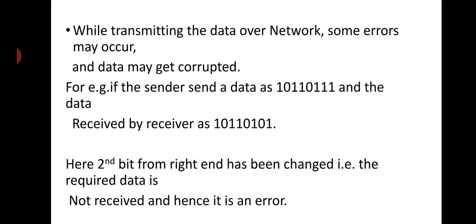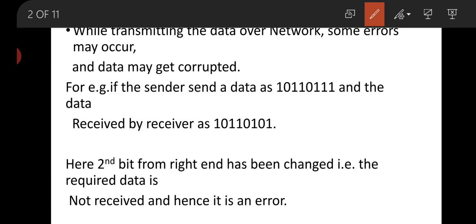Now see, while transmitting the data over network, some errors may occur and data may get corrupted. For example, if the sender sends data as 10110111 and the data received by the receiver is 10110101, that means there is a change in the data.